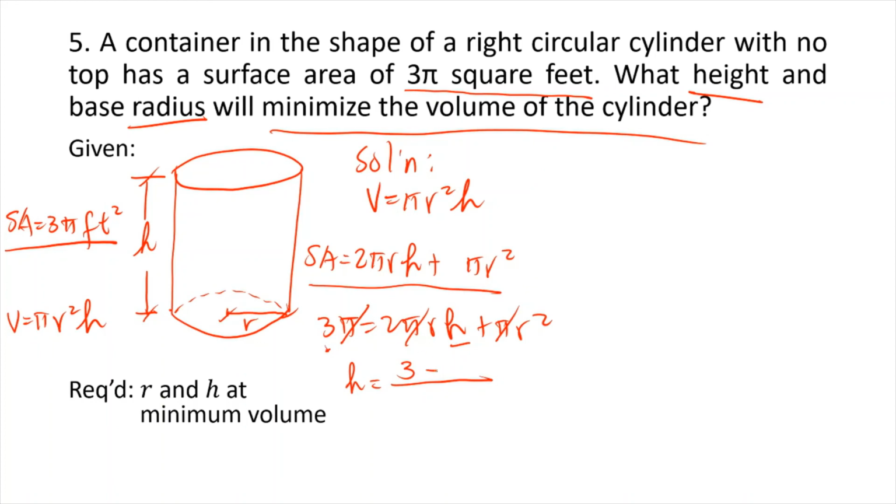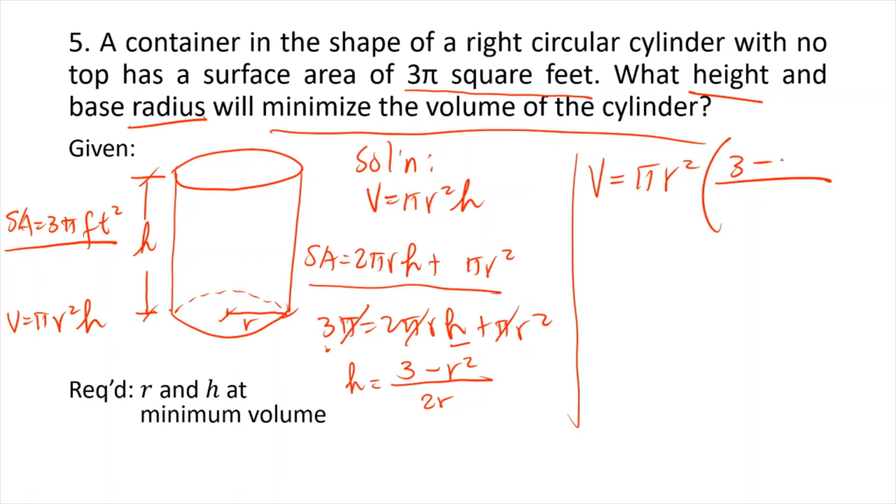So 3 minus r squared, then divide both sides by 2r, so divided by 2r. Let's plug in this expression to the volume formula. So V now is equal to pi r squared times height, where height is 3 minus r squared over 2r.